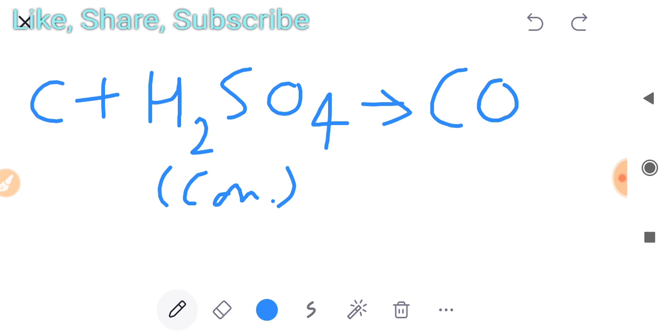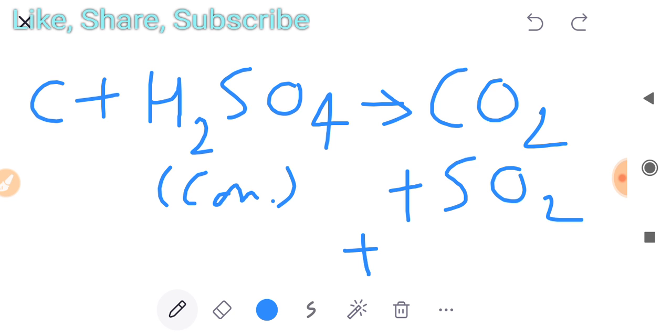Suppose we take one example: carbon plus H2SO4, and here you have to write concentrated, don't forget to write concentrated one, and it forms carbon dioxide plus sulfur dioxide plus water.